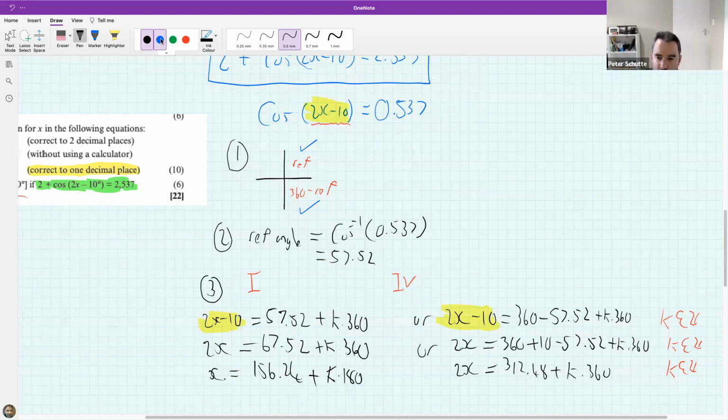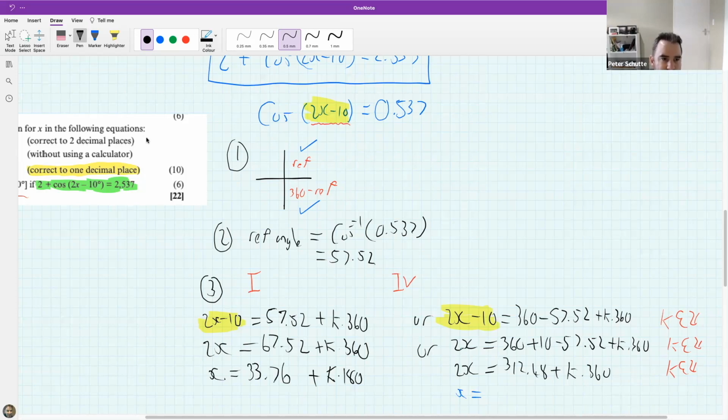Okay. Now, with this one over here, on this side, I'm going to get x is, oh, sorry, guys, I made a mistake here. This should be 67.52 divided by 2 should be, let's have a look. What should that be? That should be 33.76, plus k times 180.